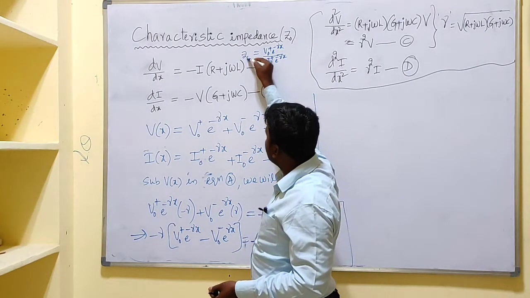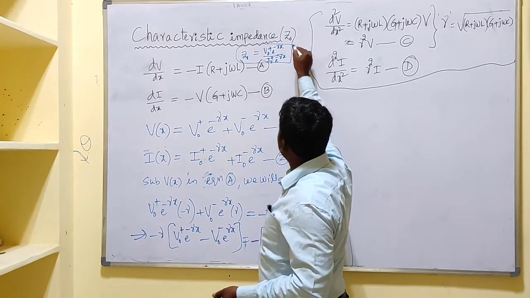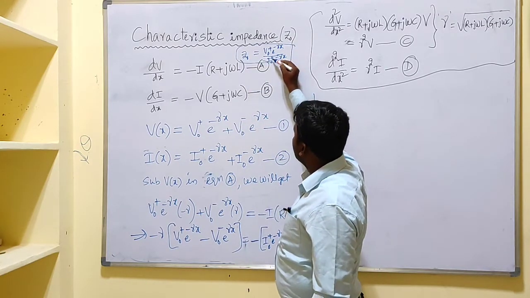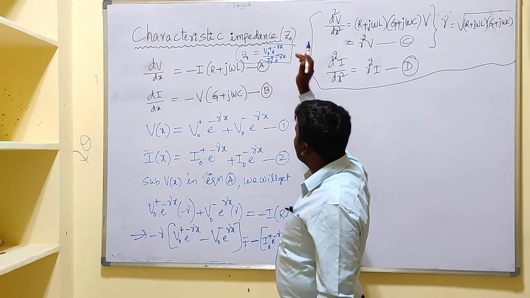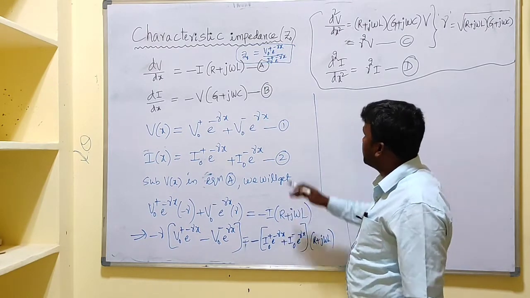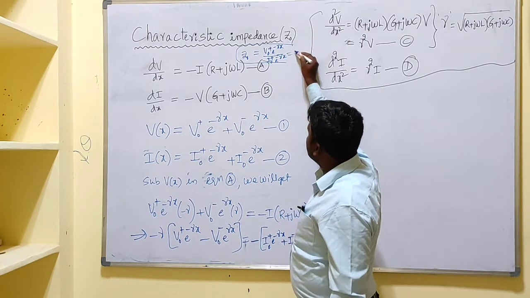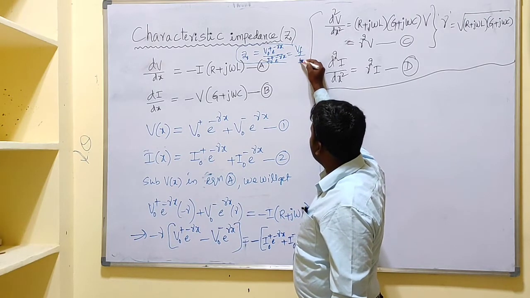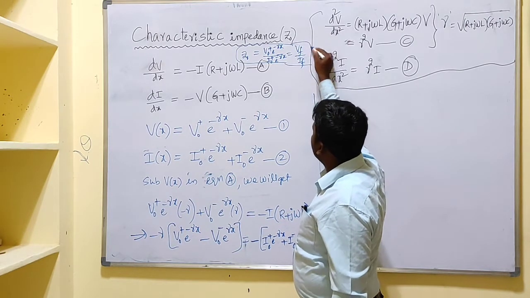Basically Z naught is defined like this, that is V naught plus into e to the power minus gamma x by I naught plus e to the power minus gamma x, which means it is the ratio of forward voltage to the forward current.